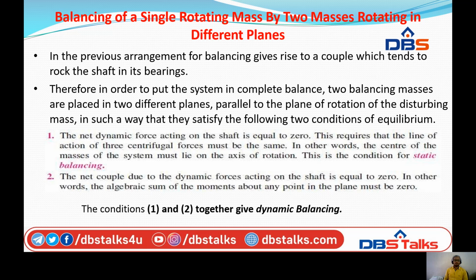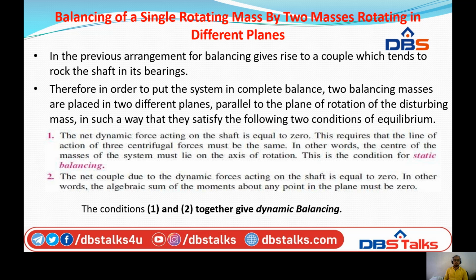The net dynamic force acting on the shaft is equal to 0. This requires that the line of action of the three centrifugal forces must be the same. In other words, the center of the masses of the system must lie on the axis of rotation. This is the condition for static balance.